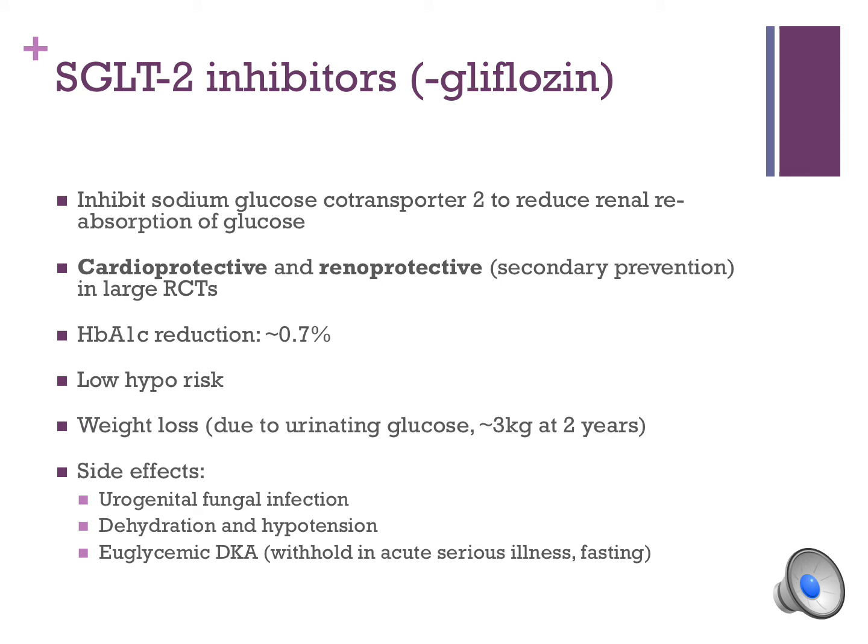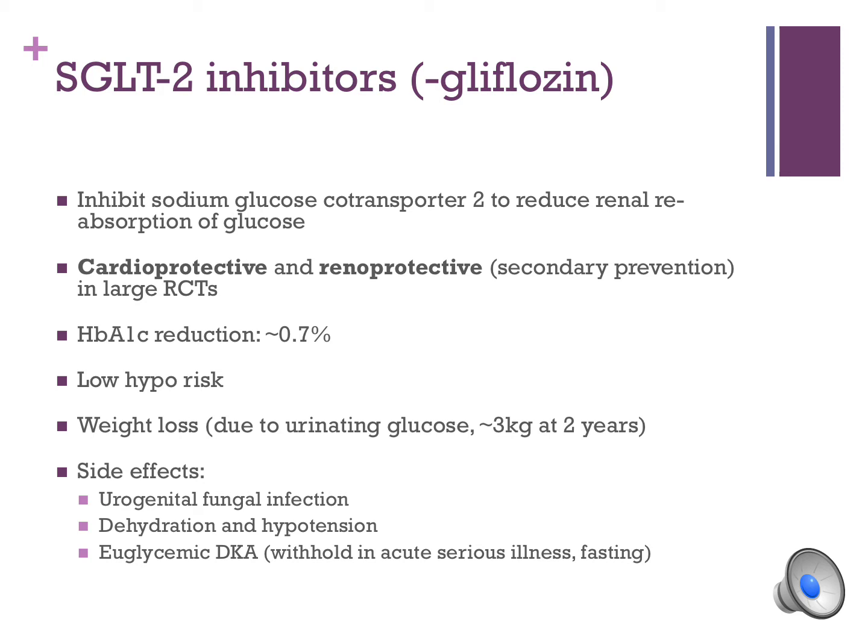SGLT2 inhibitors, also known as the gliflozins, which include empagliflozin, canagliflozin, and dapagliflozin, work by inhibiting the sodium glucose co-transporter 2 in the kidneys to reduce renal excretion of glucose.